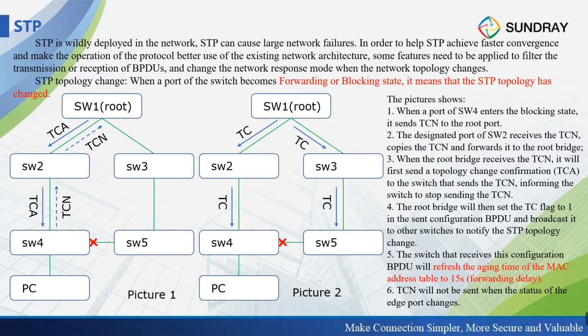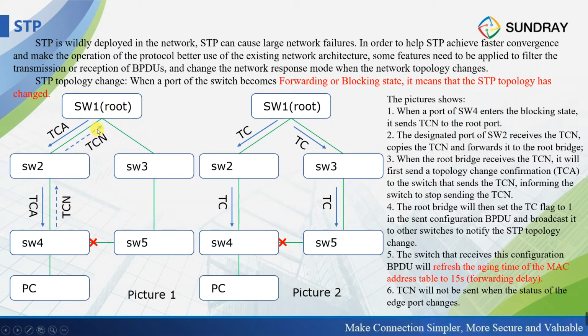For STP, this is the standard Spanning Tree Protocol. When there is a network topology change, for example this port will be blocked, this switch detects the topology change. It sends the topology change notification to the upper switch, and the upper switch sends it to the root switch.